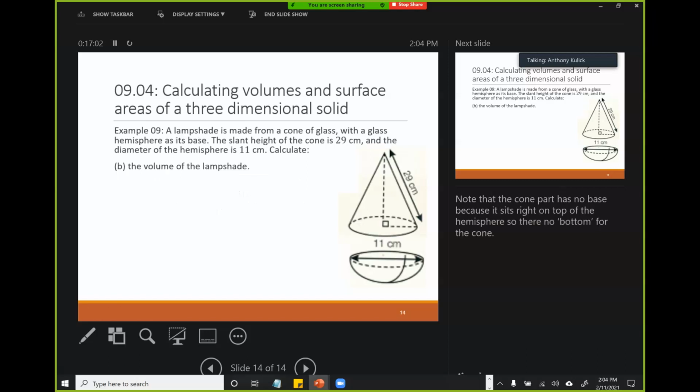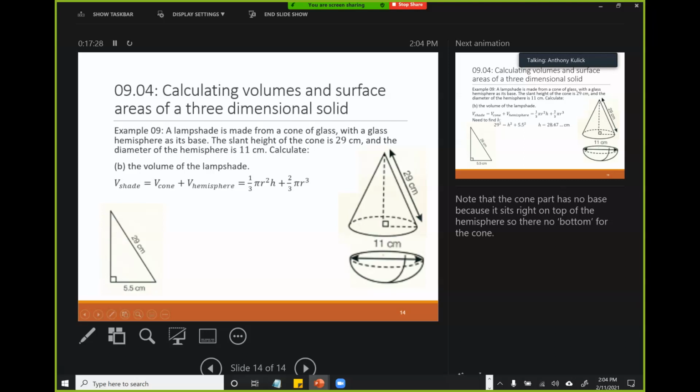To get the volume then, I'm just going to say the volume of the lamp is the cone plus the hemisphere. So the volume for a cone is 1/3 pi r squared h, and the volume for a hemisphere is 2/3 pi r cubed. And again, the only thing I don't know is the height, so I'm going to have to find that first.